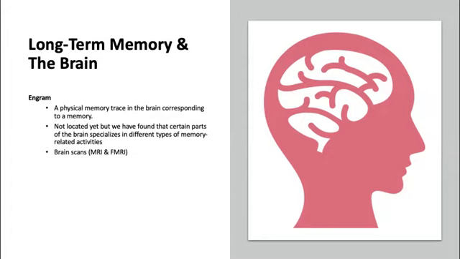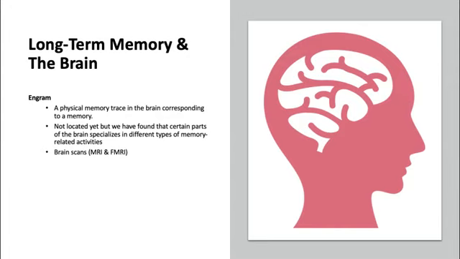They're looking for what they call an engram, which is a physical memory trace in the brain that corresponds to a specific memory, right? So a specific spot in the brain that is activated when a specific memory is recalled.